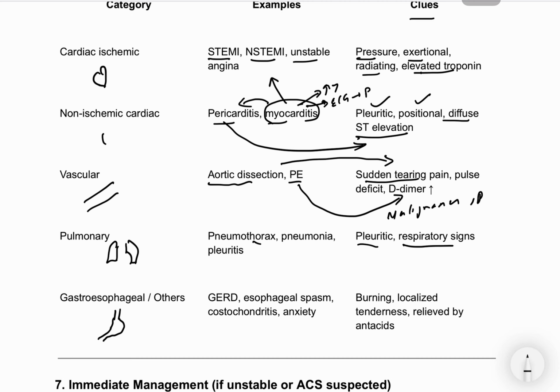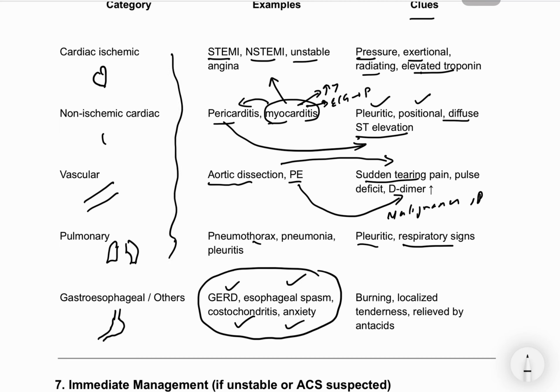Other simple types of chest pain like GERD, esophageal spasm, costochondritis, anxiety are very difficult. We basically diagnose this entity after ruling out other major killers. If there are no other killers, then only we think about this condition, because there are no certain criteria, and the patient might die if we cannot find the killers.